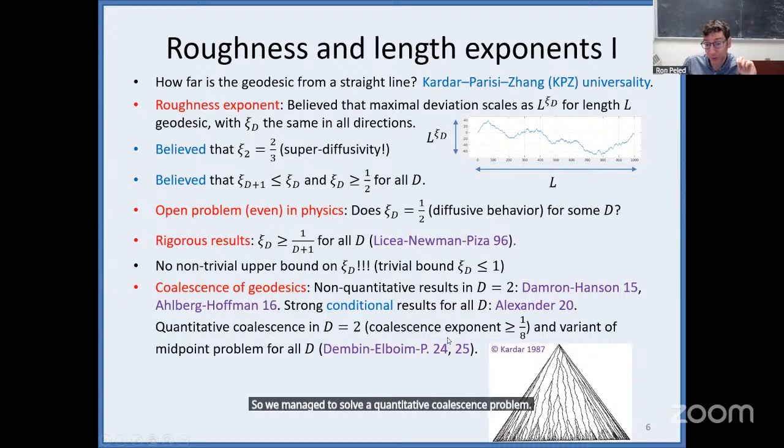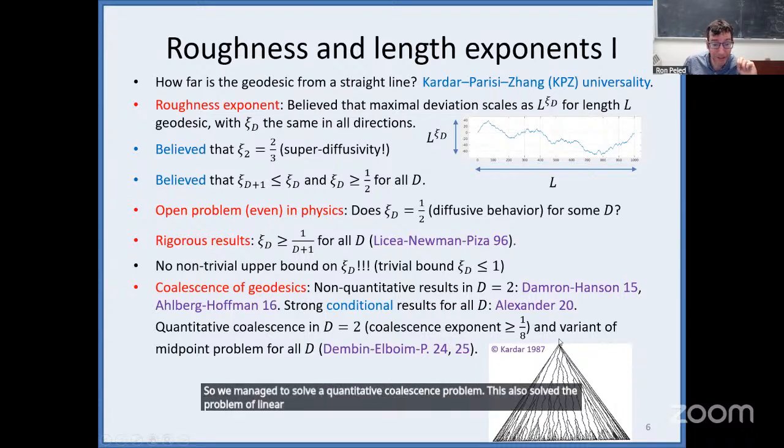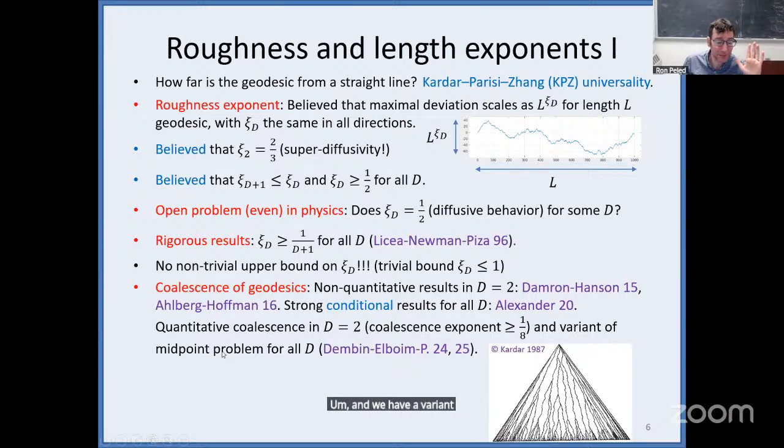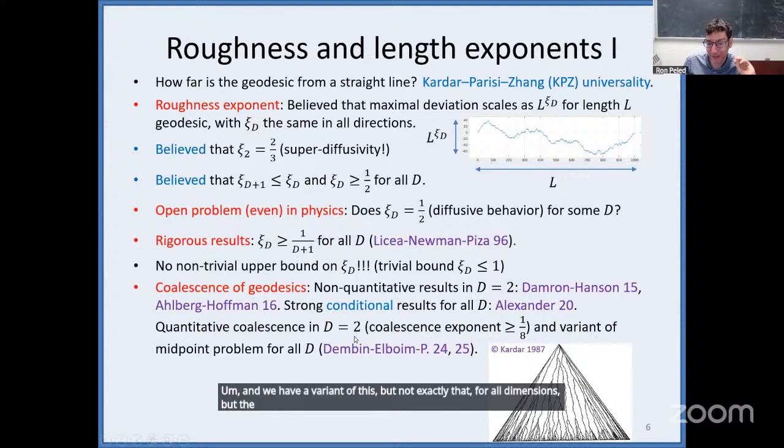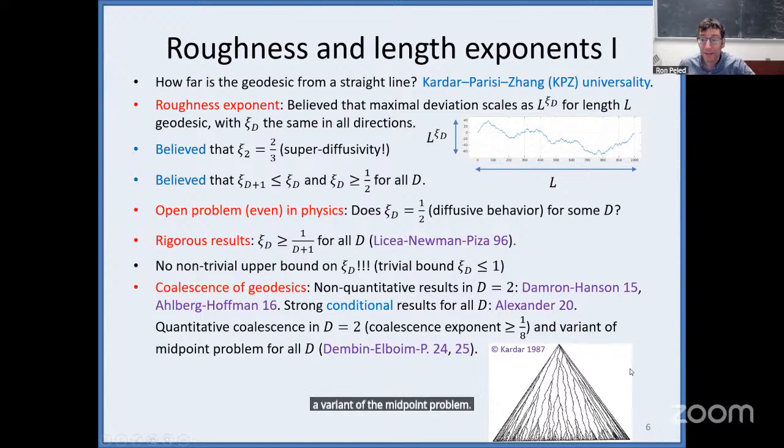This also solved the problem of Benjamini, Kalai, and Schramm, a midpoint problem, maybe mentioned by Kesten even. And we have a variant of this, but not exactly that, for all dimensions, but the quantitative coalescence as is in 2 dimensions, a variant of the midpoint problem. So this is about the deviation from a straight line.